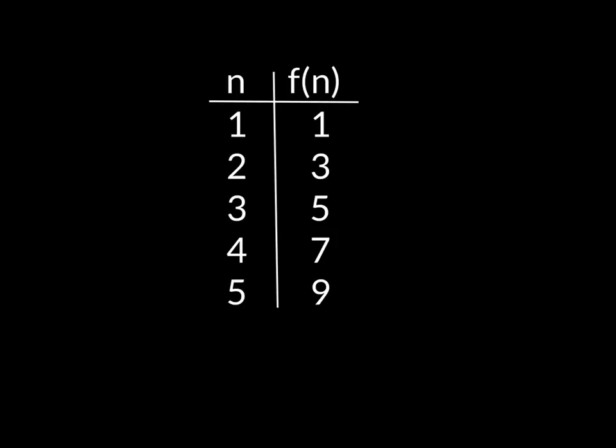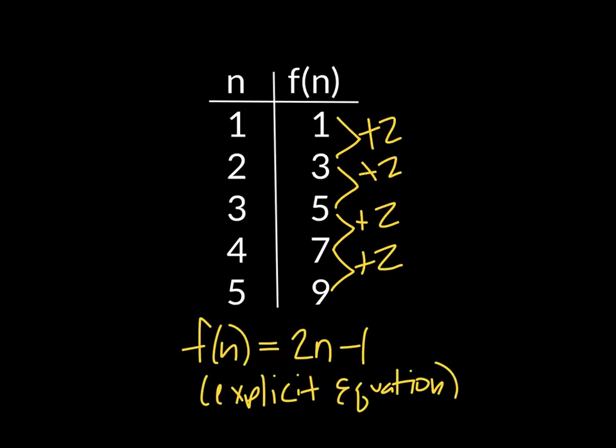Here is another set of linear data. We know it is linear data because the difference between each y value is constant at a positive 2. Which means our explicit equation is f of n equals 2n minus 1.